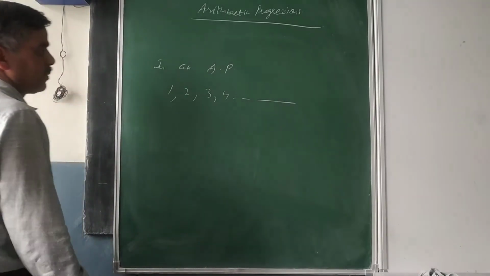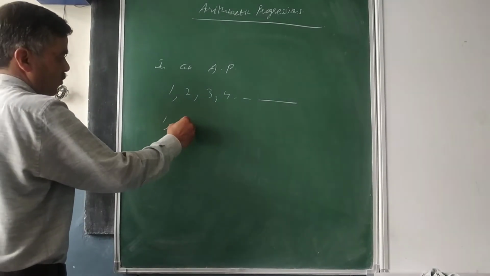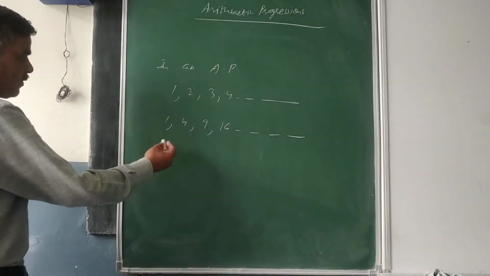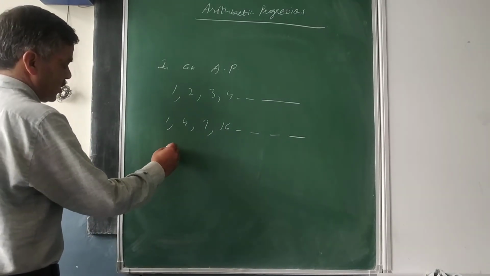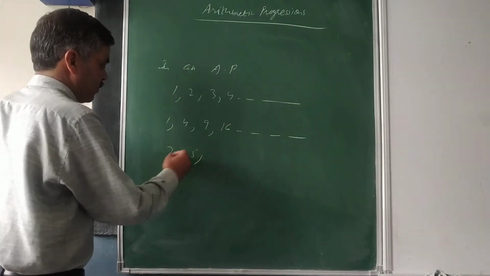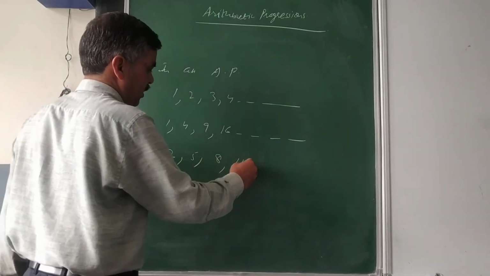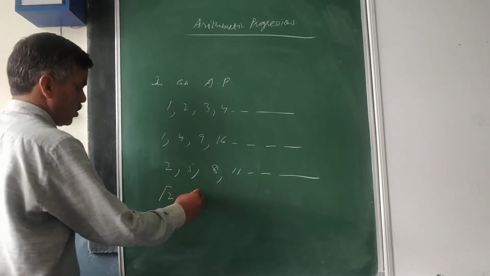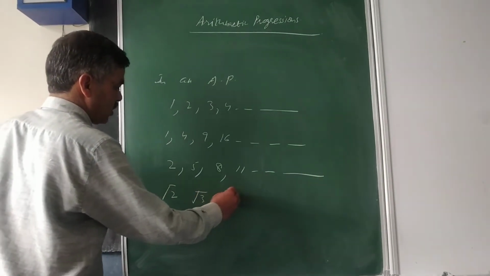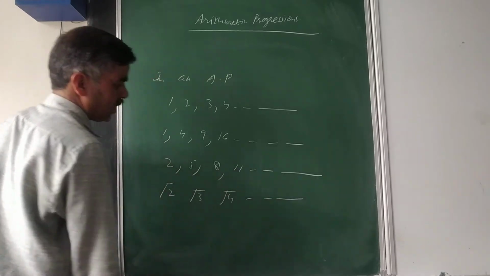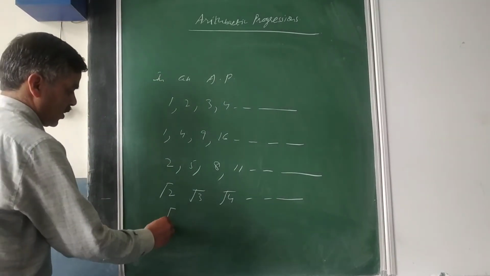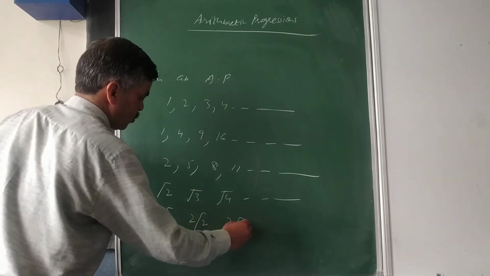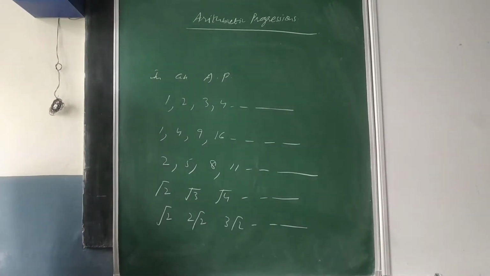Do you think it is an AP? I have written 1, 4, 9, 16 and so on; is it an AP? I have written 2, 5, 8, 11 and so on. I have written root 2, root 3, root 4 and so on. I have written root 2, 2 root 2, 3 root 2; is it an AP or not?